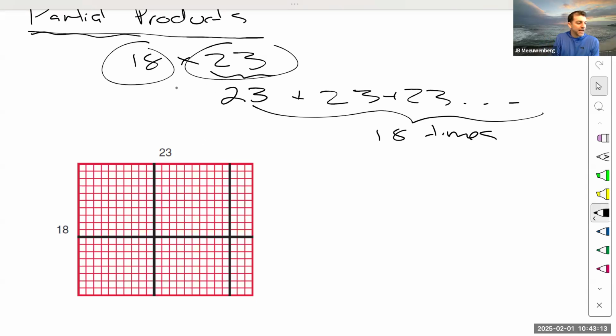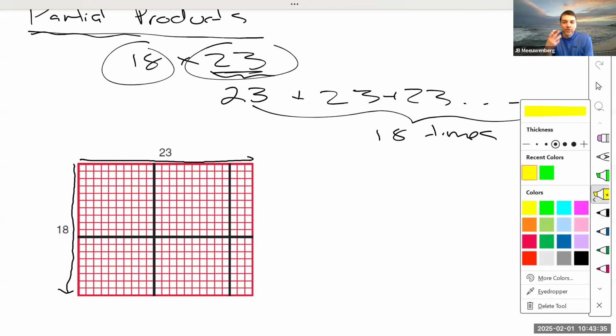So the first thing is that we have the number 23 represented across the top here, right? There are 23 of these individual unit blocks going across the top. And as we look downward from top to bottom, you'll see that there are 18 of these rows.